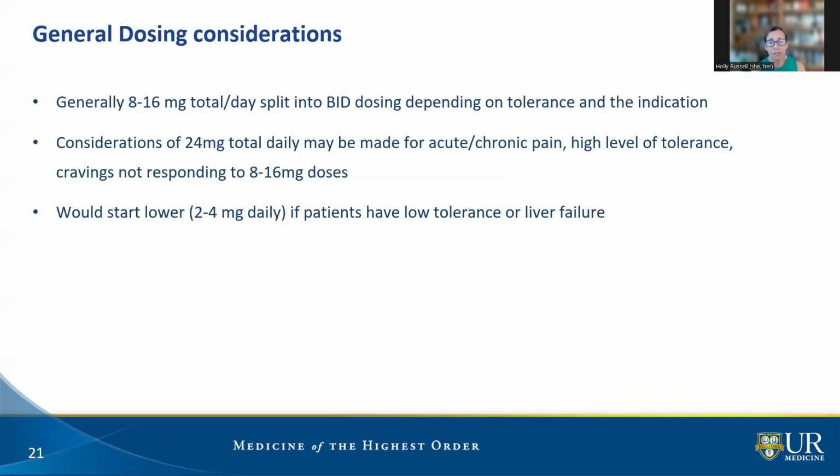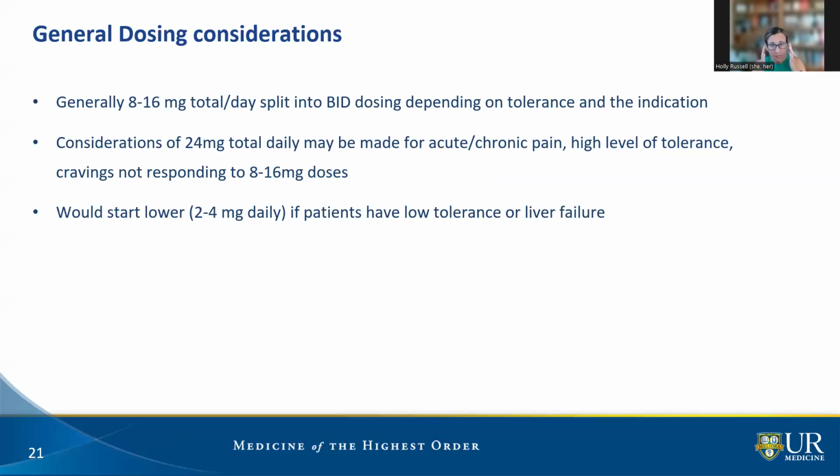Also, sometimes patients who also have a pain indication, and some tolerance built up from years of use of opioids, might need a higher dose. Or if they have cravings that are not responding to the 8 to 16 milligram dosing. So we'd have people up to 24, even 30 milligrams, I would say.